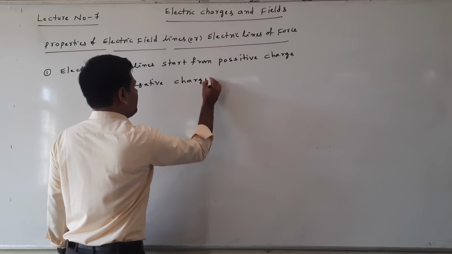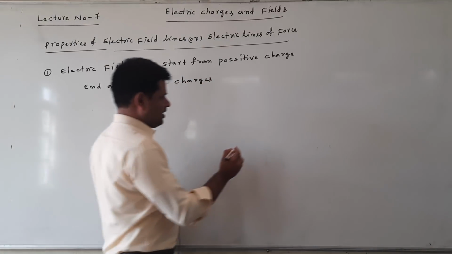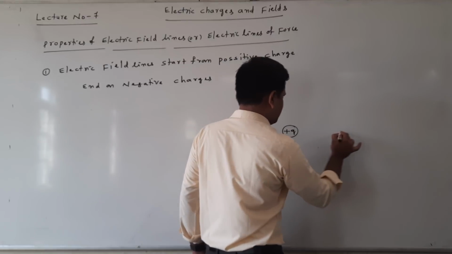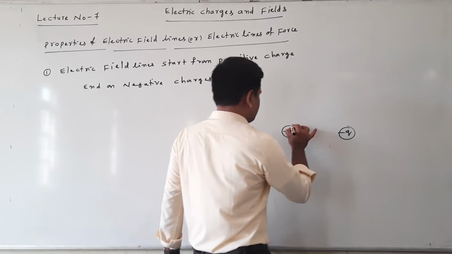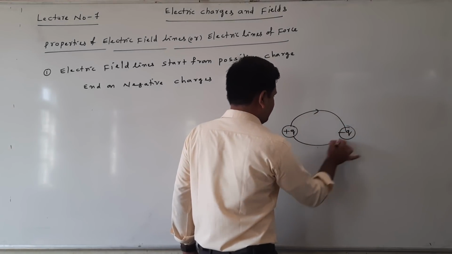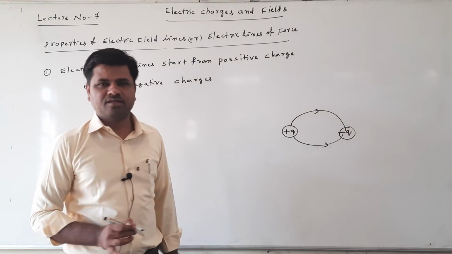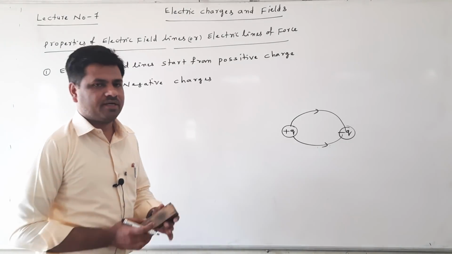Already we discussed here. One is a plus q charge taken, another one is a minus q charge taken. Here electric field lines start from the positive charge and end on the negative charge. Already discussed this one. Right, this is the first property.